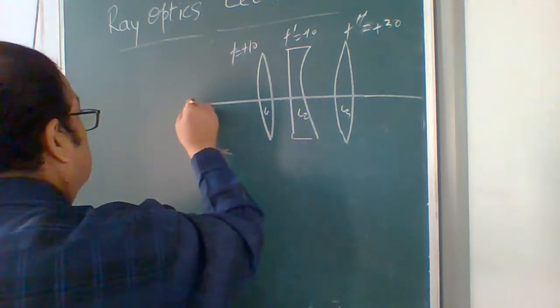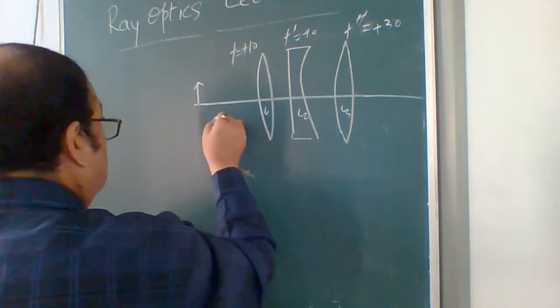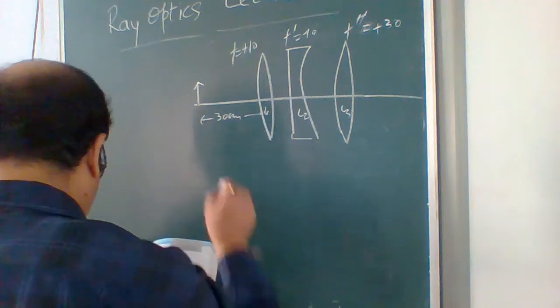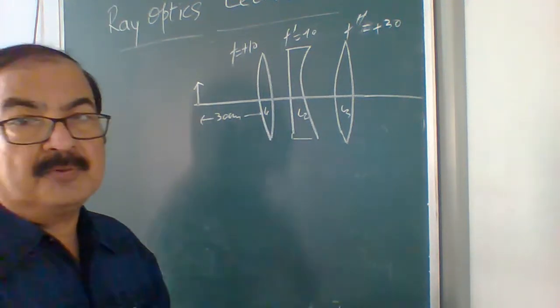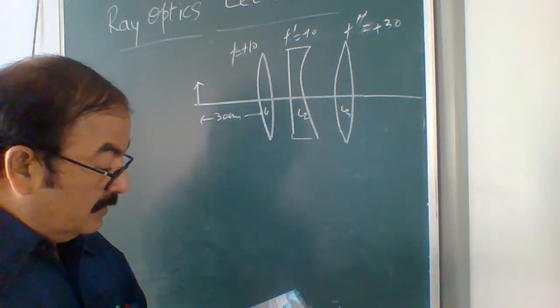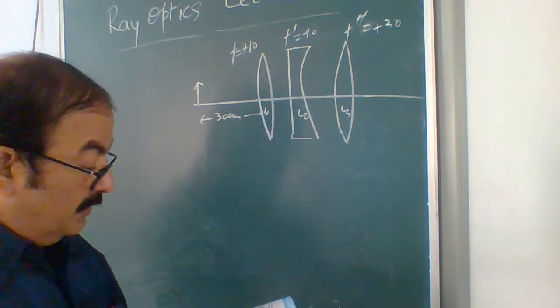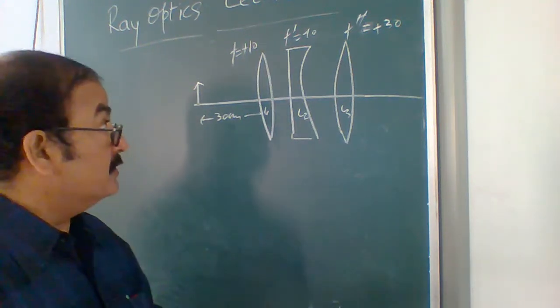One object is placed at a distance of 30 centimeters from this. Here you have to find the position of the image formed by the lens combination. L1, L2, L3 are a three-lens combination.